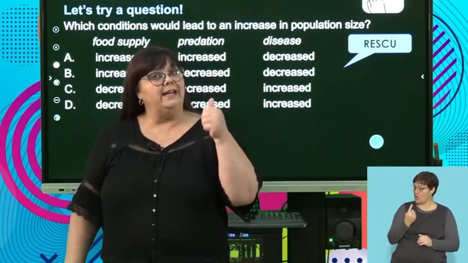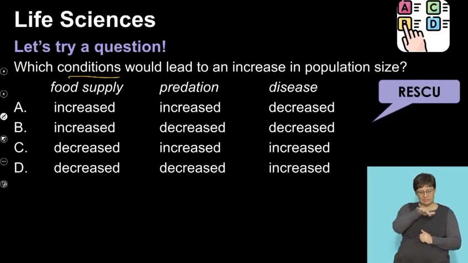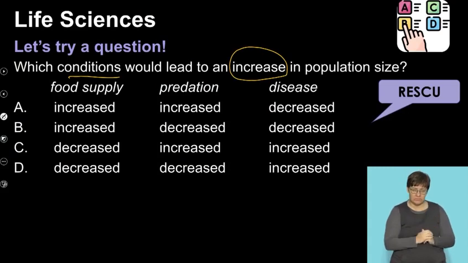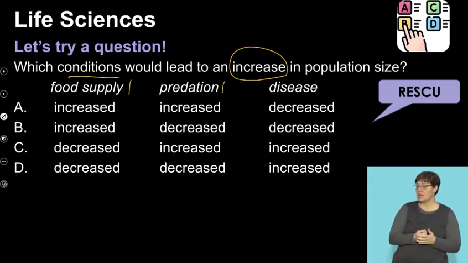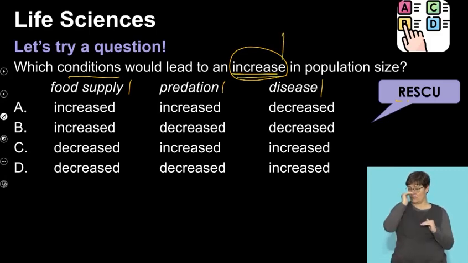So first of all, let's read it carefully. Which conditions would lead to an increase in the population? We've got food supply, predation, and disease. Now let's move into the eliminate. We want to look at an increase in population size. If food supply increases, yes, that would cause an increase in the population size.